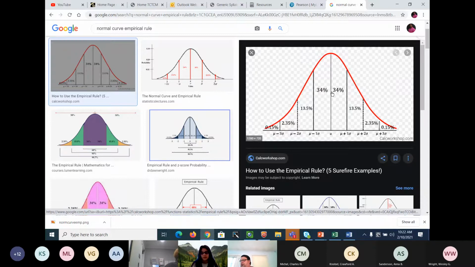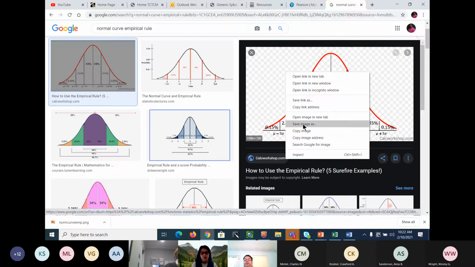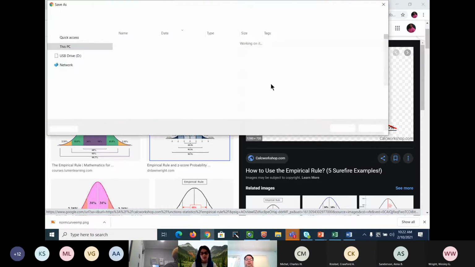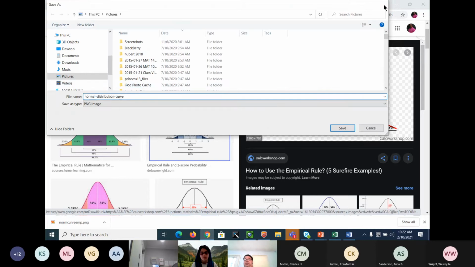All right. Now, what do you do with the normal curve? For those of you that don't know what to do, you right click on this, save image, and save it. I saved it as normal something. I can't remember what I saved it as.